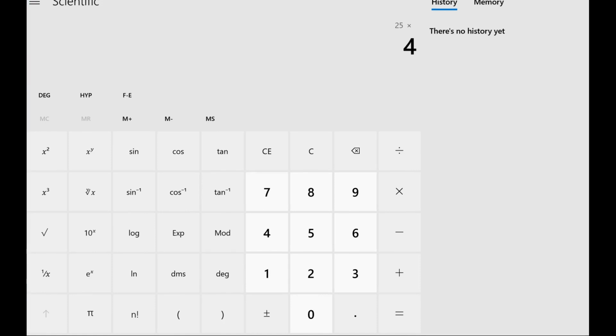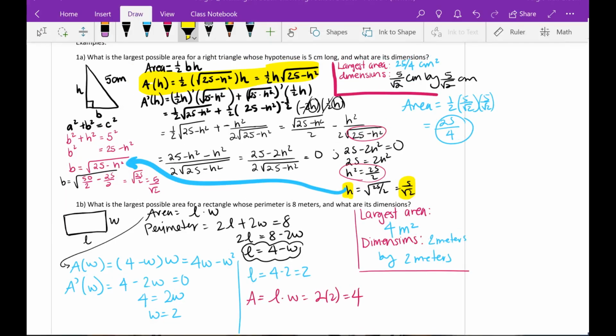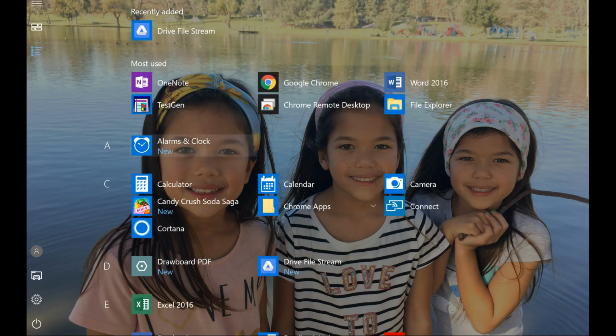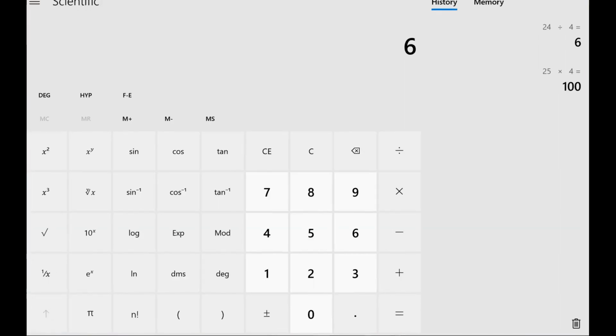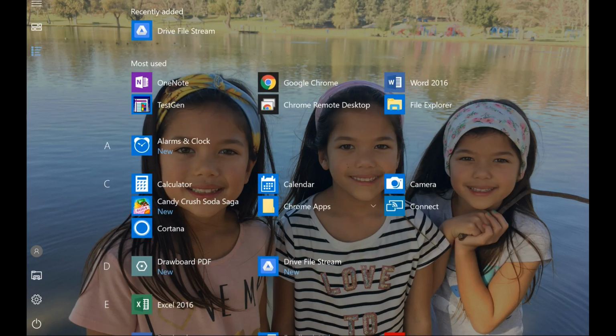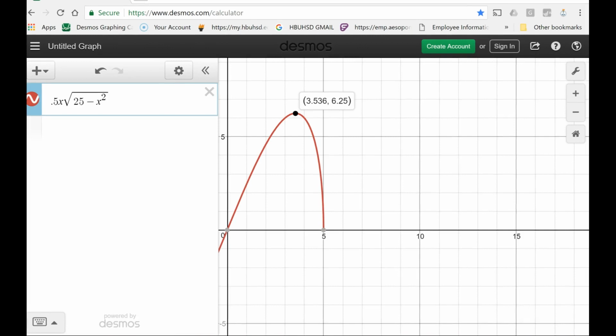Oh my gosh, what am I doing? 25 divided by 4. Not having good luck here. So again, 25 divided by 4 is 6.25. So let's go back to Desmos to see if it comes out to be pretty.